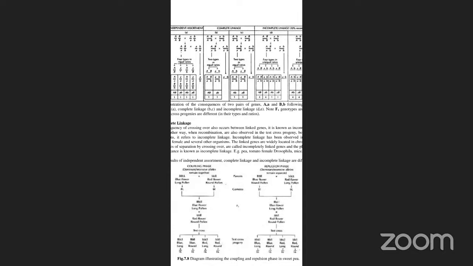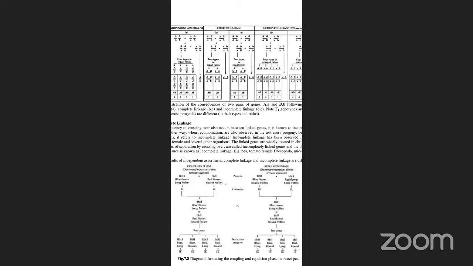Or the linkage can be of another type also. That is, if capital A, small b are linked and small a, capital B are linked. You don't know which, this is an example. There is no rule that the dominant allele of one gene should be in linkage with the dominant allele of the other gene.